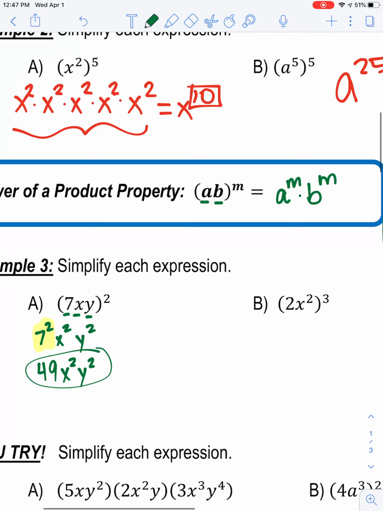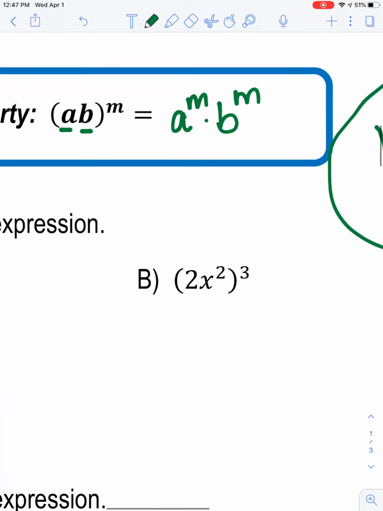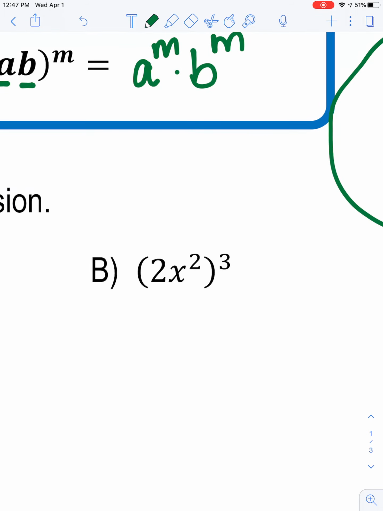All right, on part B, I have a 2x squared cubed. So first we have two bases, the 2 in front, that coefficient, and then the x. So I'm going to separate 2 and then x squared.